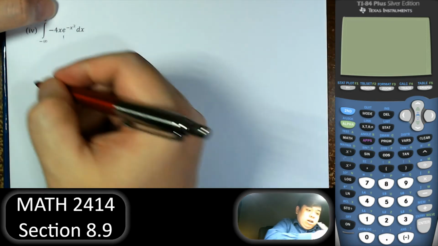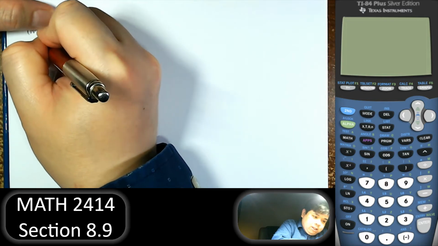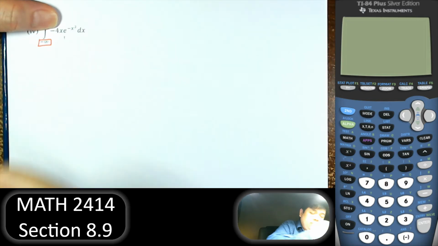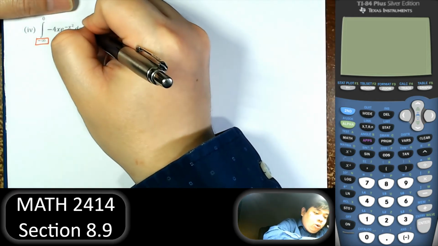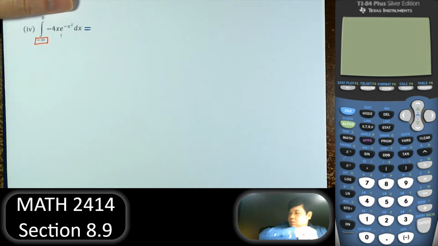First one, always, of course, we change the limits. And we say this is the lower limit. So let's use a for that.